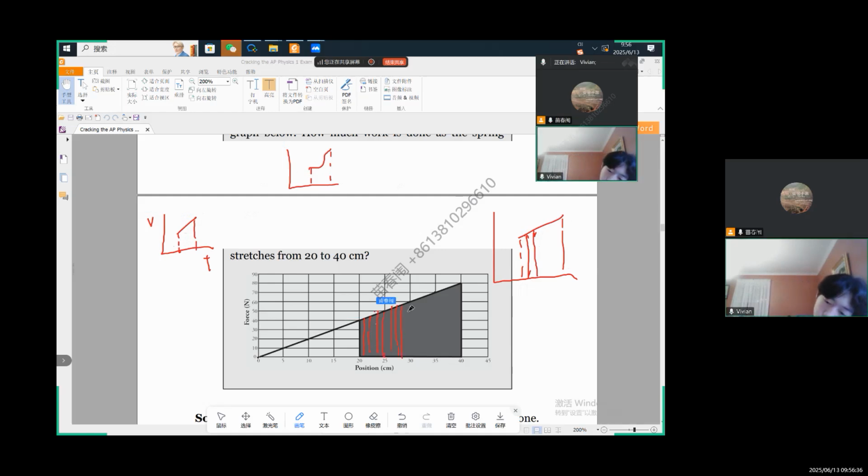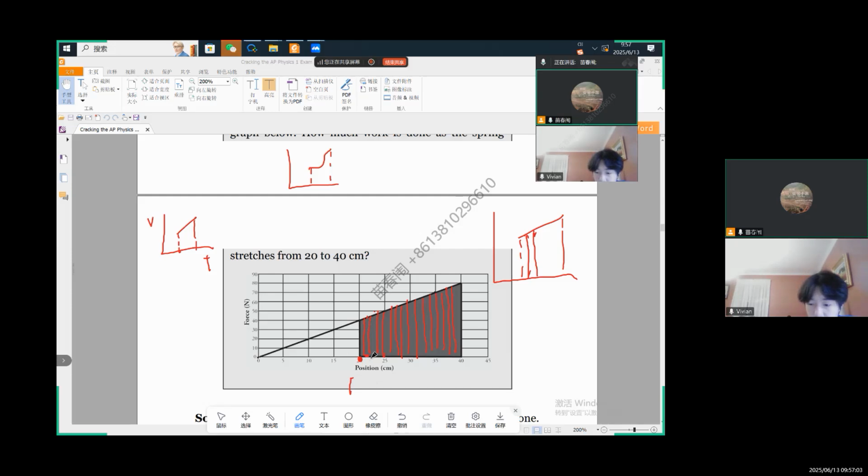Of course, because they are very narrow rectangles, I can pretend that they are real rectangles, right? So that's why every part is a little f times this tiny distance. And this new f, a little bit higher f, times a little tiny distance.